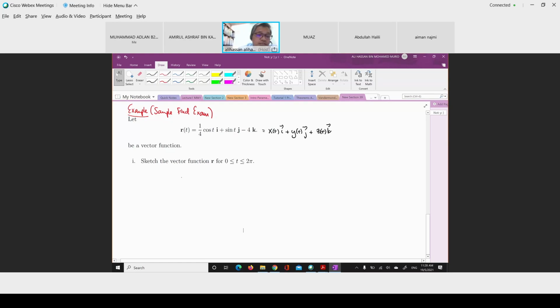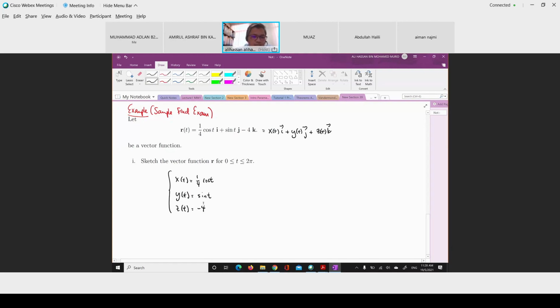So that means here x(t) is equal to 1/4 cosine t, y(t) equal to sine t, and z(t) is a constant here, which is -4. Okay, from the given vector function, you can determine the components.